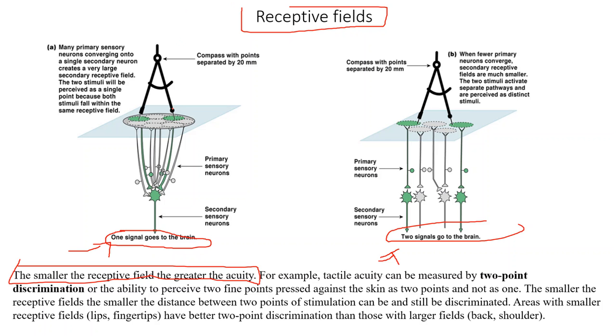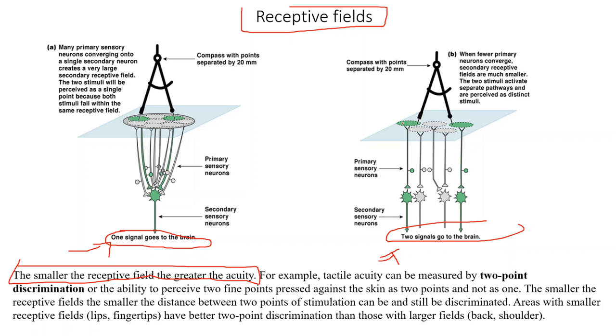And so what happens here is that one secondary neuron is connected with primary sensory neurons that come from certain receptive fields. Here, basically, there are different secondary sensory neurons that are almost one-to-one connected with one certain receptive field.